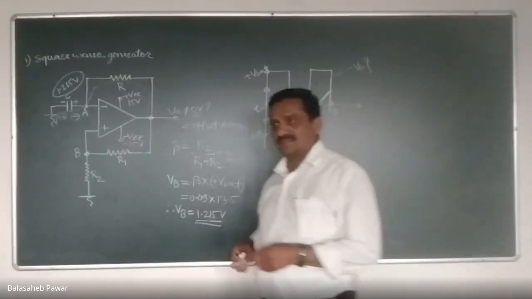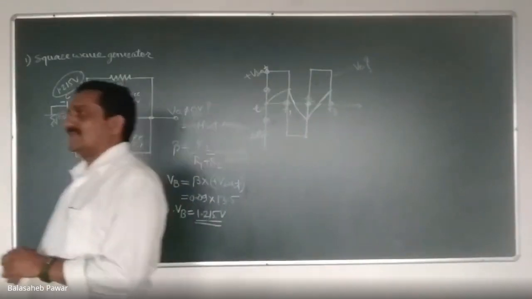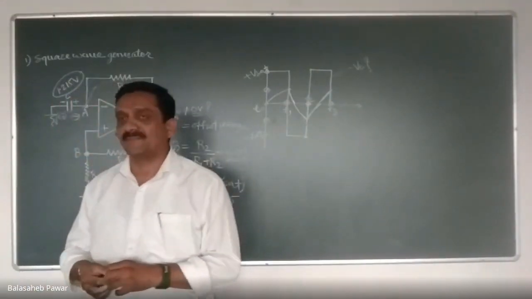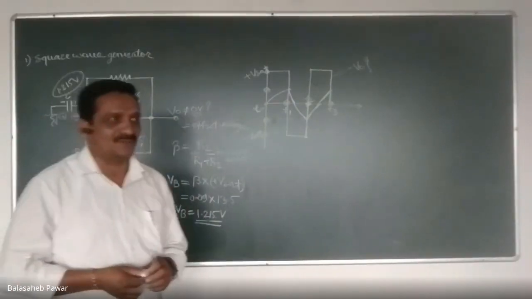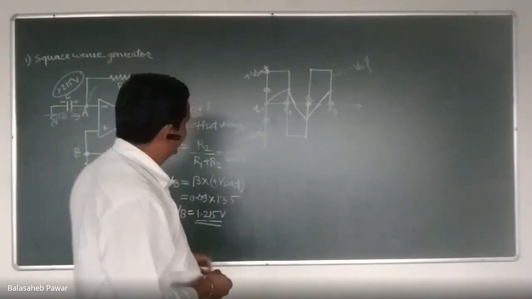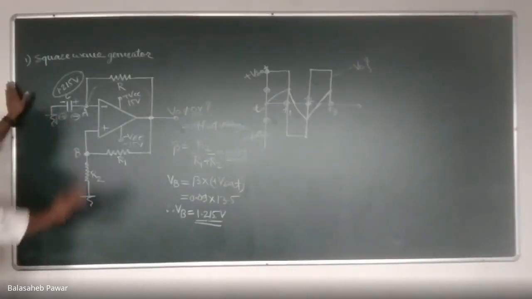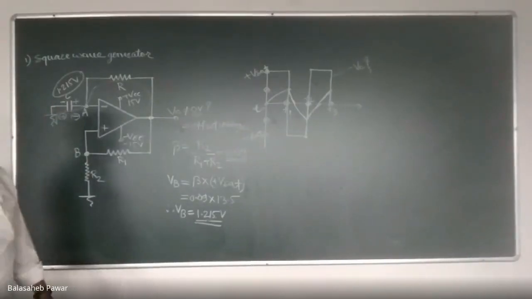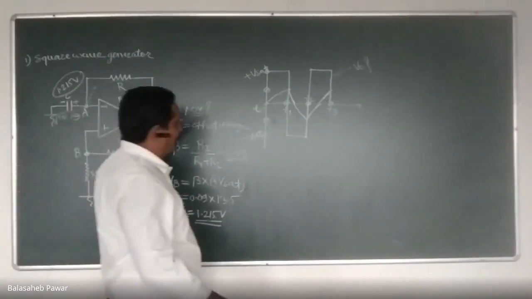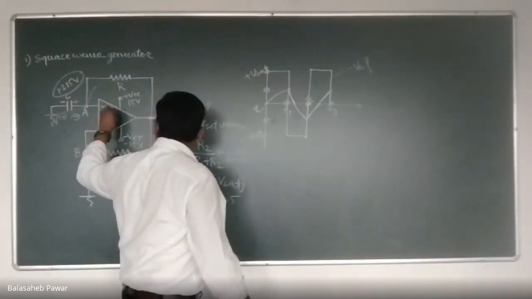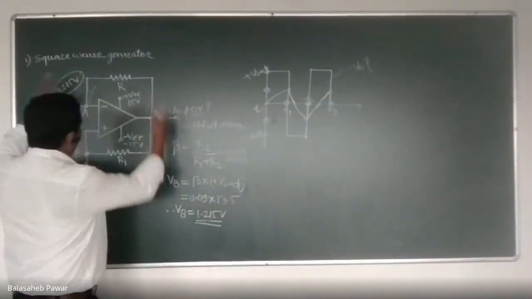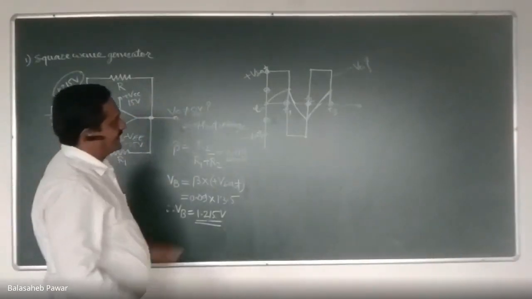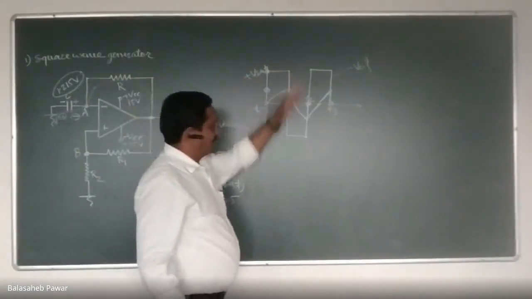It is a square wave. Do you agree with this? Yes or no? Okay. No time-varying signal is used. Still, we can generate the output as a square wave using the op amp as an active element and some passive components.